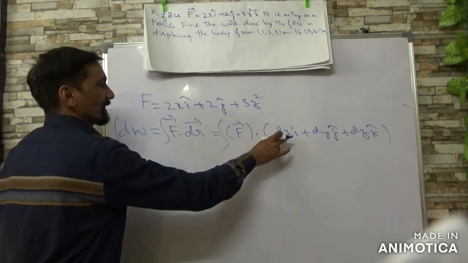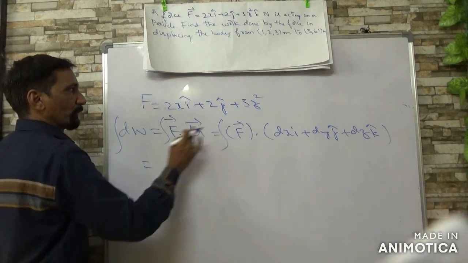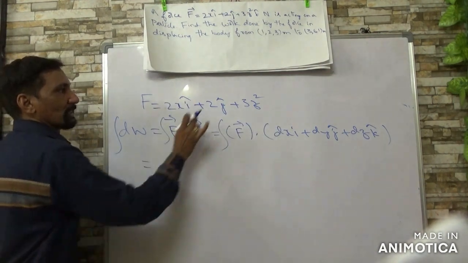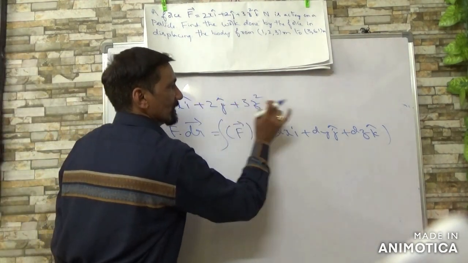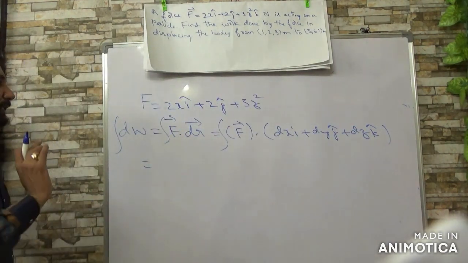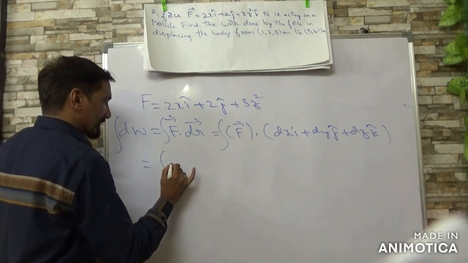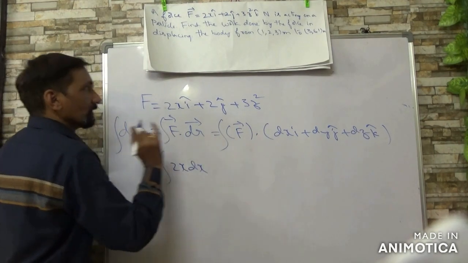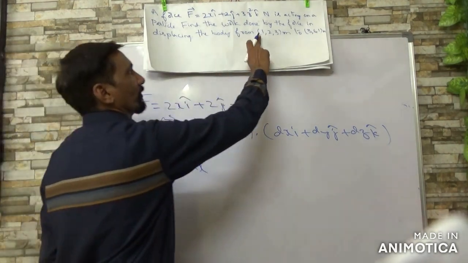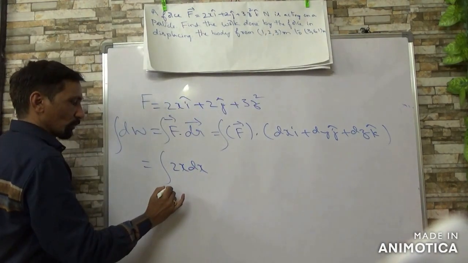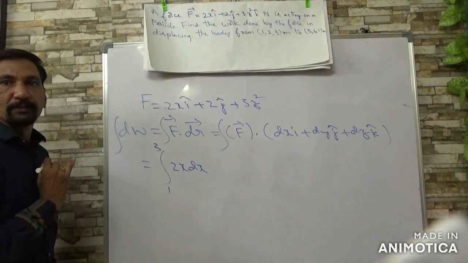So 2x dx, dot product: a1 a2 plus b1 b2 plus c1 c2. So that is why the integral of 2x dx, with limits x moving from 1 to 3, lower limit 1, upper limit 3.